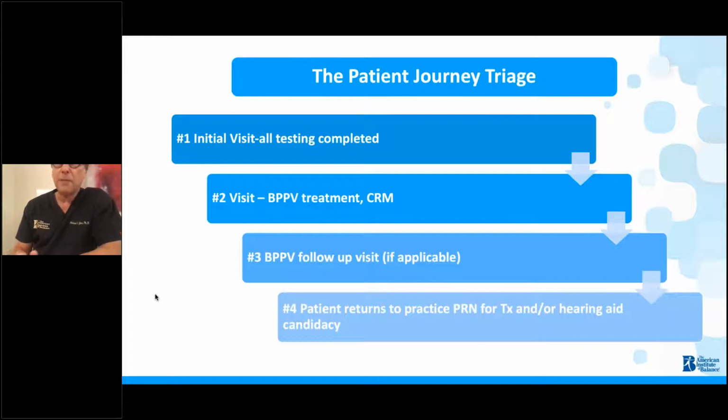Remember, many people misunderstand what needs to be done. If the patient has BPPV, you can bring them back on that second visit and do a canalith repositioning maneuver. Then they come back again, because we always want to validate the efficacy of the treatment. We don't want to guess that we've cleared them.